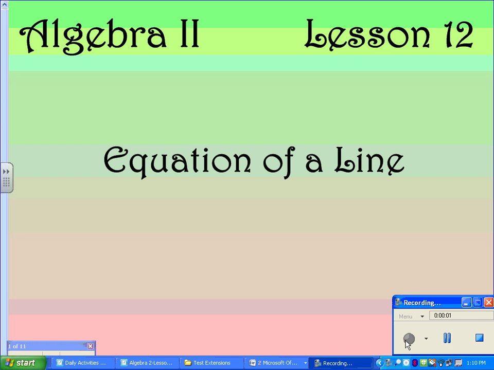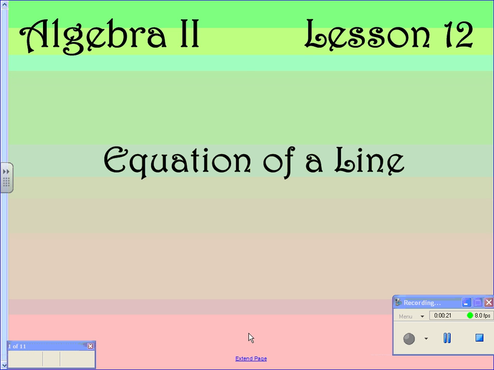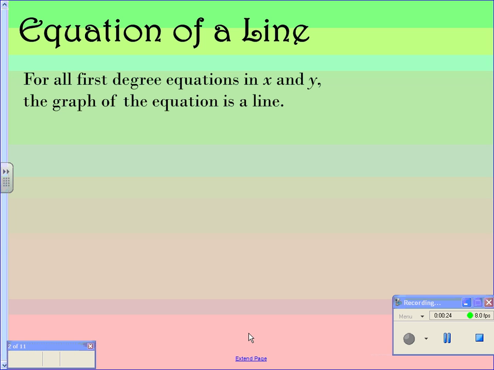Equations of a line. So for all first degree equations, in terms of x and y, the graph is going to be a line.